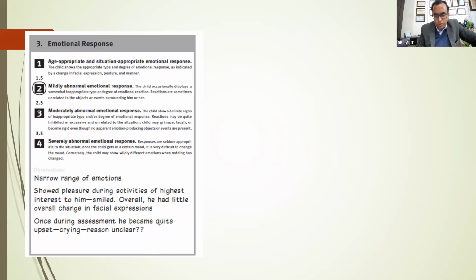As noted, he was comfortable in the examination room and suddenly he started crying. Why that emotional outburst came, we don't know. The reason was unclear, and that is exactly what is mentioned in the score of 2: reactions are sometimes unrelated to the objects or events which are happening, and the child occasionally displays a somewhat inappropriate type or degree of emotional reaction. So the child is responding emotionally, though his range of emotions is very narrow.